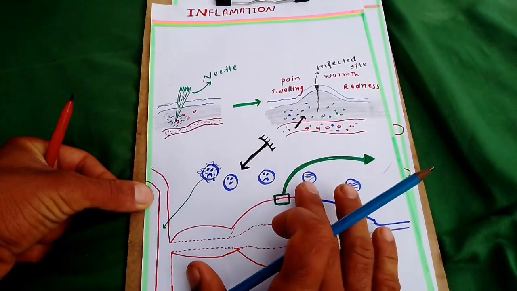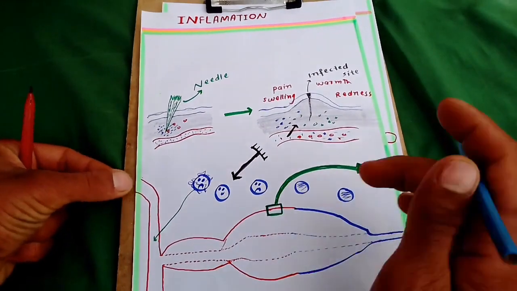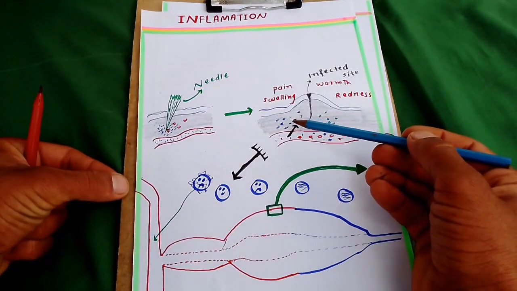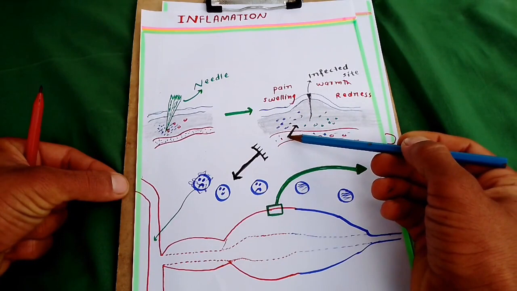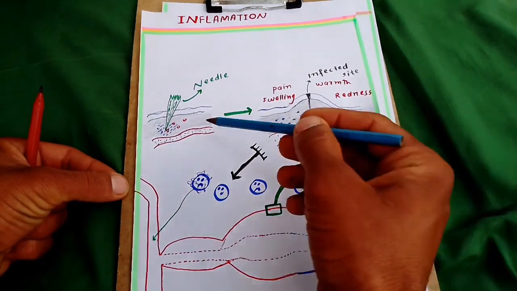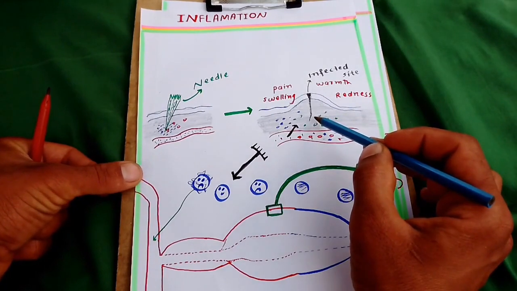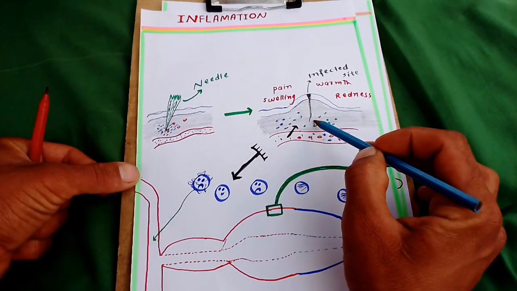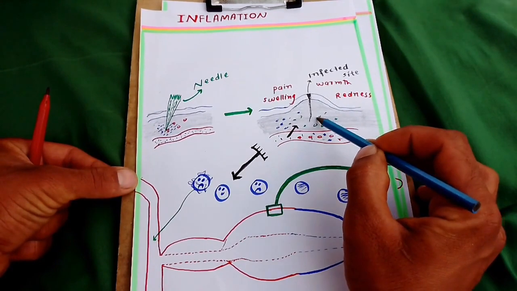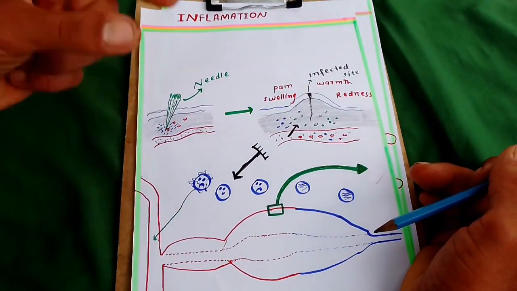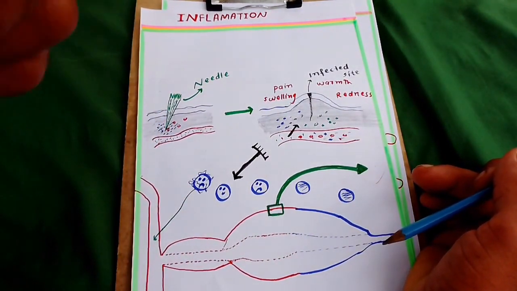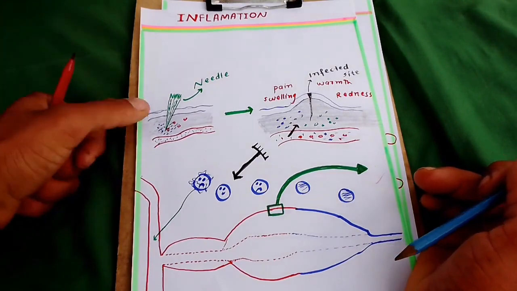What is the purpose of the inflammation? The purpose of the inflammation is to bring more white blood cells and antibodies to the infected area, in order to remove the infection and stop further destruction of the body.